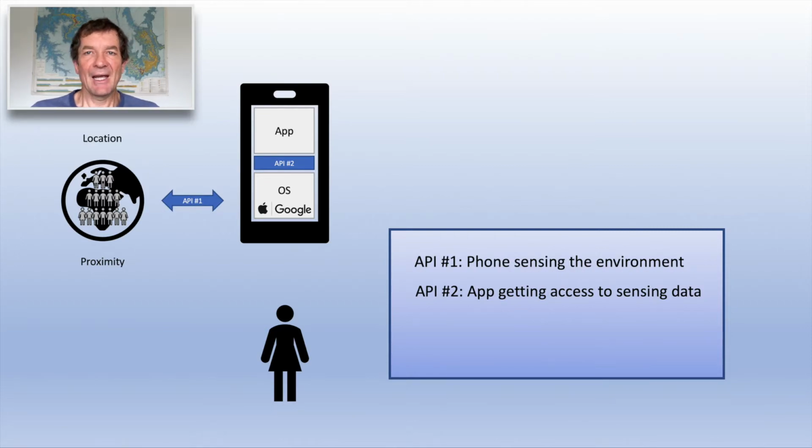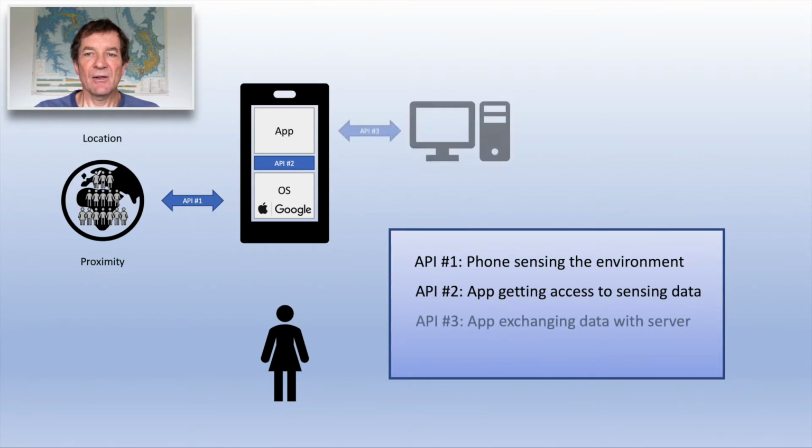Now, if something happens, let's say you have been tested as positive, what also needs to exist is another API, the third one, and that is where the app on your phone is exchanging data with the server. So that server, for example, I live in Switzerland, so that server would be a server operated in Switzerland.